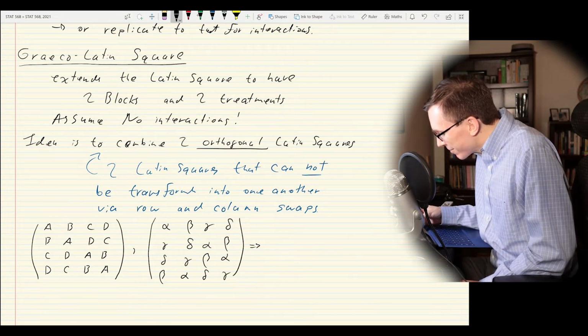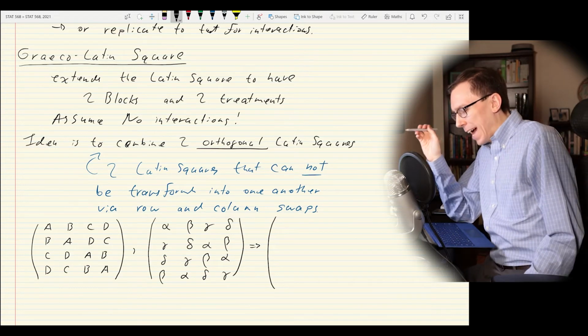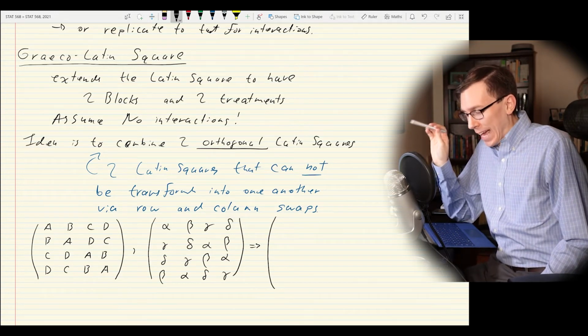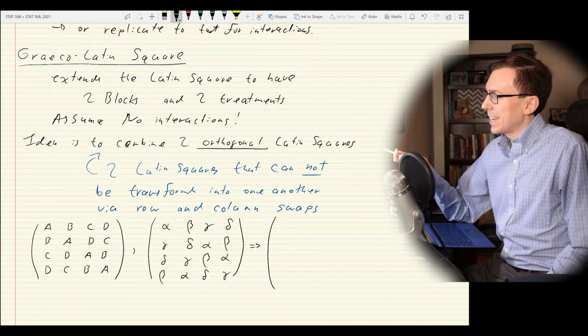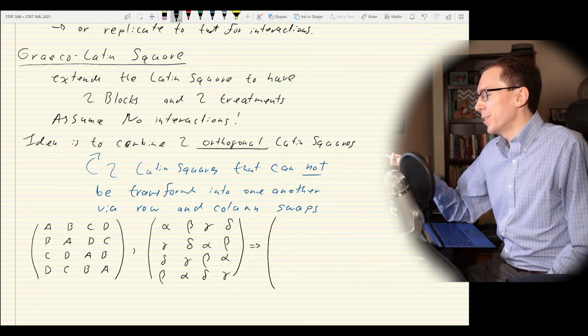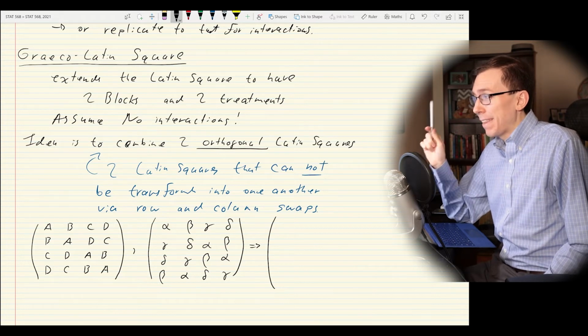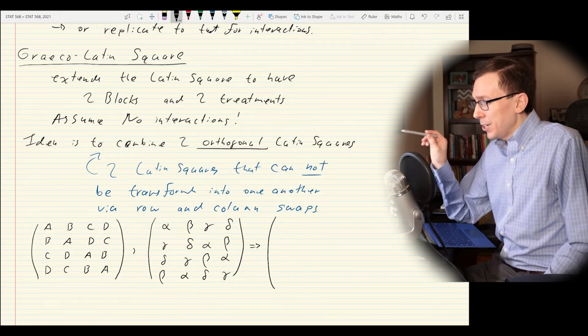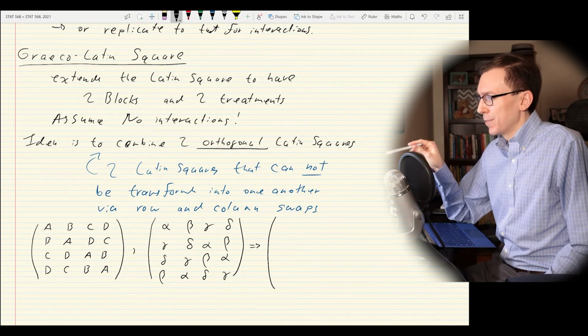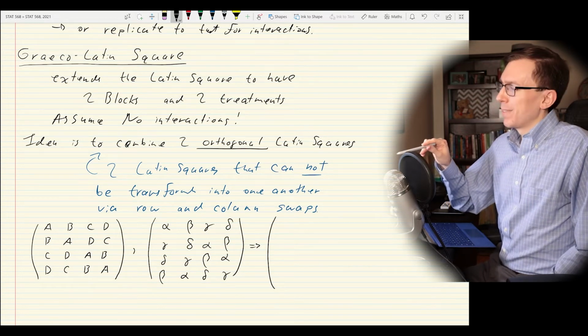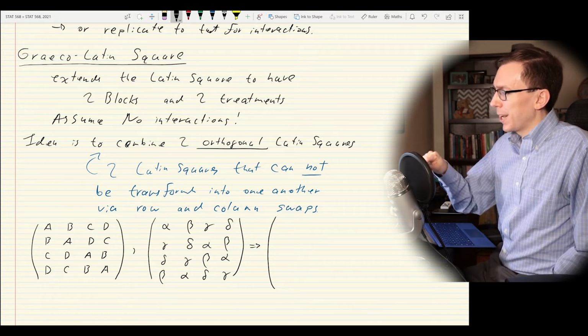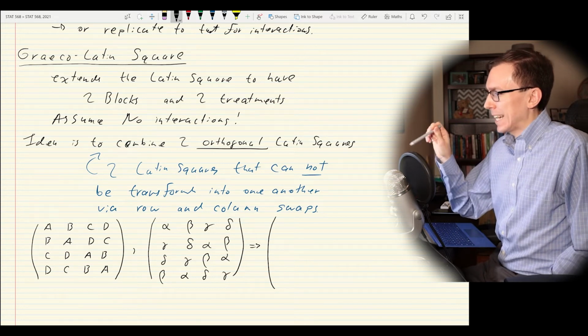Okay, so now that we have our 2 orthogonal Latin squares, the claim is that you can't transform them. You could replace, say, the alpha, beta, gamma, delta with A, B, C, D. And the claim that I make is that you can't permute the rows and columns of the first one to get the form of the second Latin square.